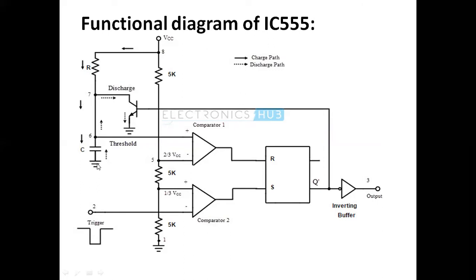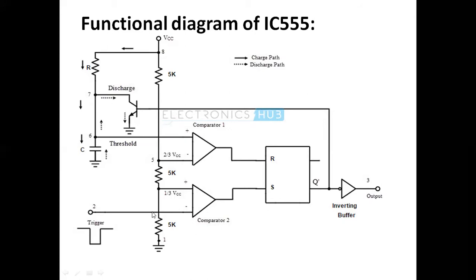That means the capacitor voltage becomes 0, because obviously the transistor is connected to the capacitor. These two terminals are ground terminals, and this terminal is connected to the capacitor. So that's why the capacitor voltage becomes 0 whenever the transistor is on, as well as the output is low. So this is the condition when the flip-flop is in reset.